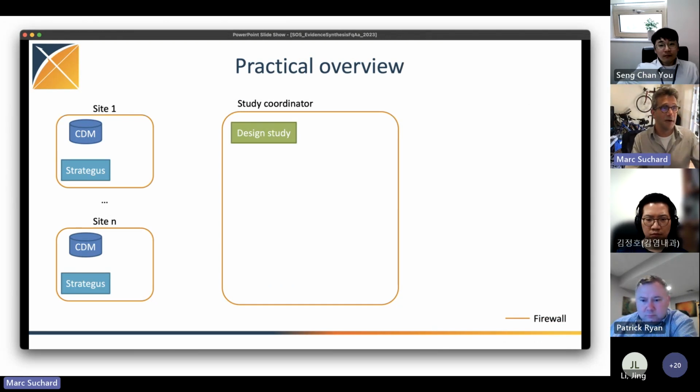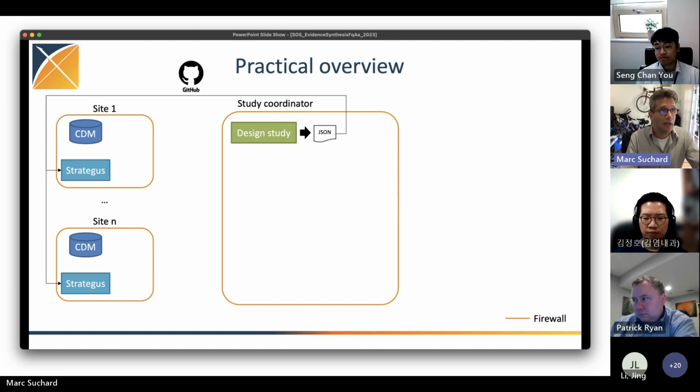Slight practical overview. We're running the SOS challenge using Strategist. Strategist starts with a study design that Jack has very kindly provided us. Through the help of the community, we were able to take that study design and translate it into a single JSON specification file that makes it very convenient to share an entire reproducible study execution across the network.